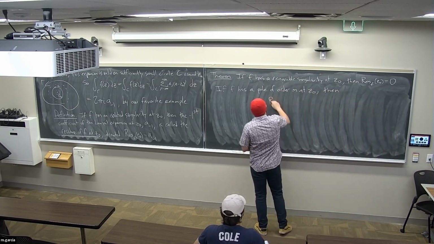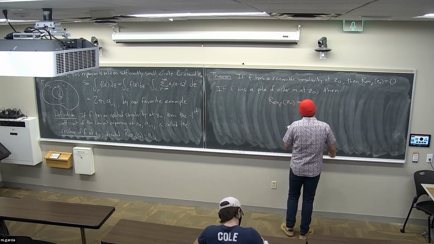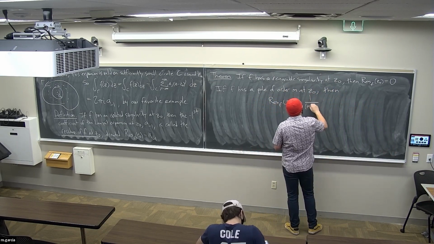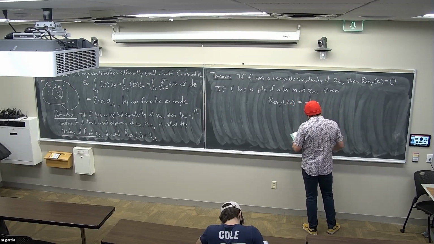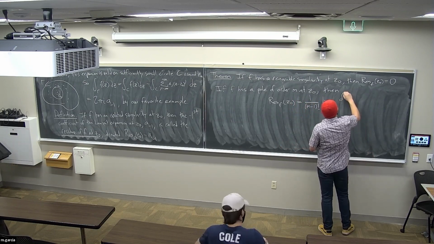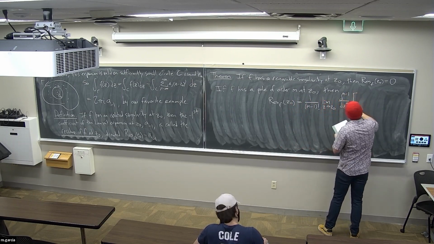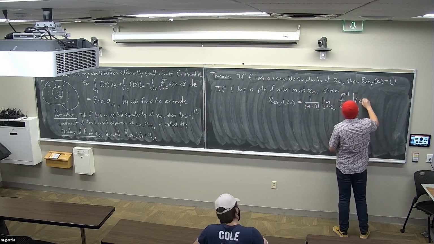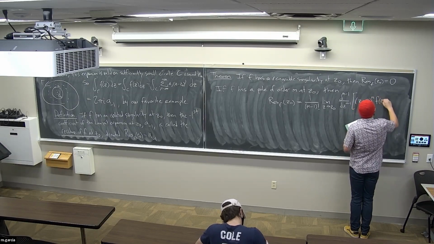Then the residue of f at z naught is equal to 1 over m minus 1 factorial times the limit as z goes to z naught of the m minus first derivative of z minus z naught to the m times f of z.